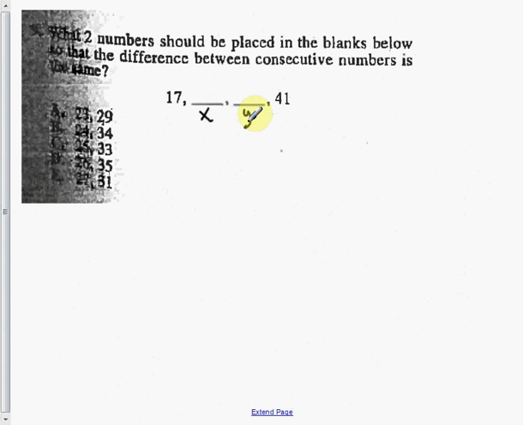So if you take two of these numbers and subtract them, that's supposed to equal the difference of the two other numbers subtracted, right? You see what that's saying? If I write it out, x minus 17 is supposed to be the same as y minus x, which is the same thing as 41 minus y.